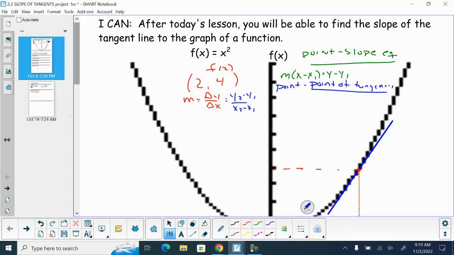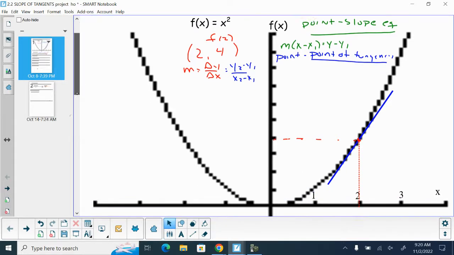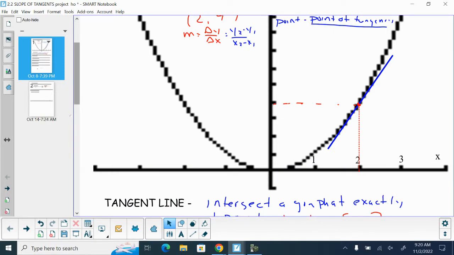The problem we run into is we only know one point. We don't have a second point here. We want to determine a slope of a line, but we only have one point. Well, let's take a look at some ideas that we've talked about before and some new ideas with respect to limits.